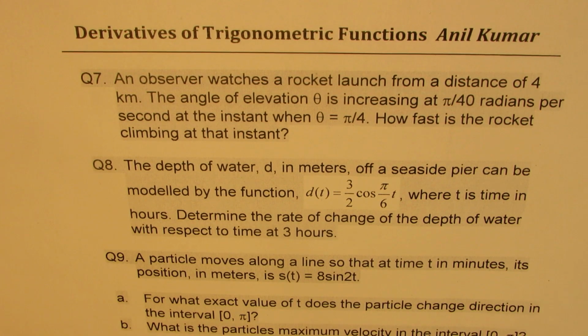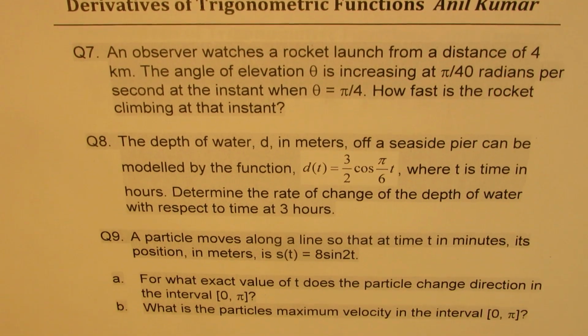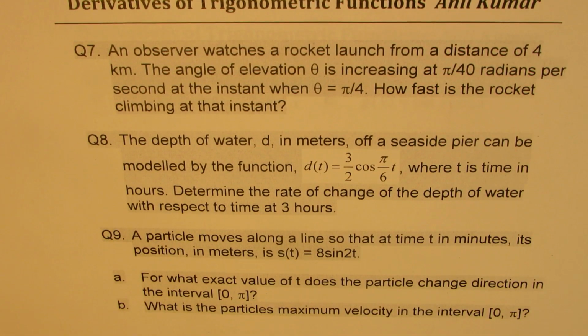Question number 9. A particle moves along a line so that at time t in minutes, its position in meters is s(t) = 8 sin 2t. For what exact value of t does the particle change direction in the interval 0 to pi?